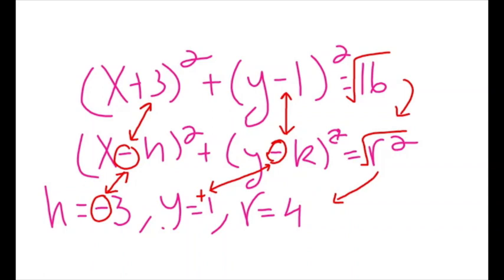Likewise, for x and y, since they're both shown as x minus h or y minus k, then the values next to x and y must have their signs flipped. So x plus 3, the value of h has to be minus 3 in order for the two minuses to become positive, and then y minus 1 becomes y minus k, and since they're both minus, then the k value itself has to be positive, meaning it is k equals 1.